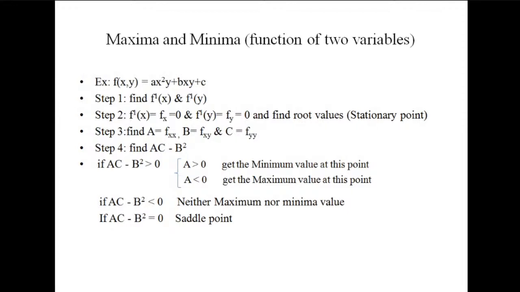Here, if the capital A is greater than 0, we will get a minimum value. If the capital A is less than 0, we will get a maximum value. We can find these values only if AC minus B square is greater than 0.